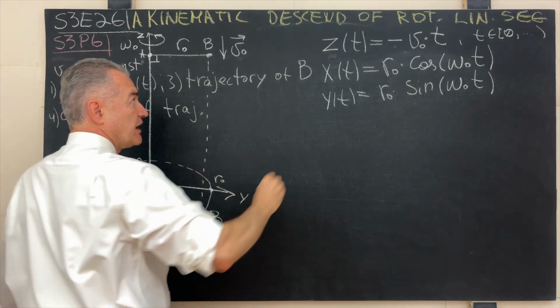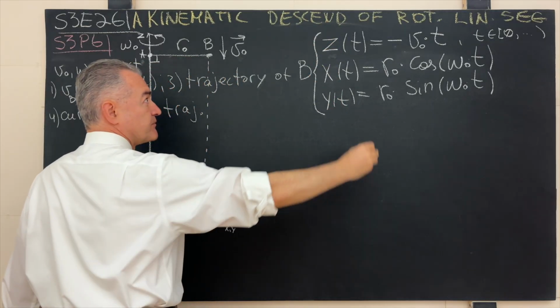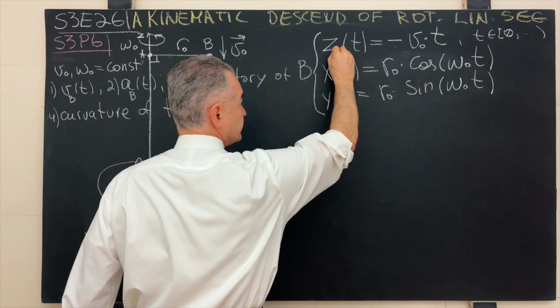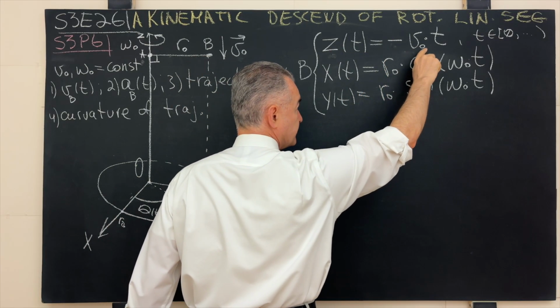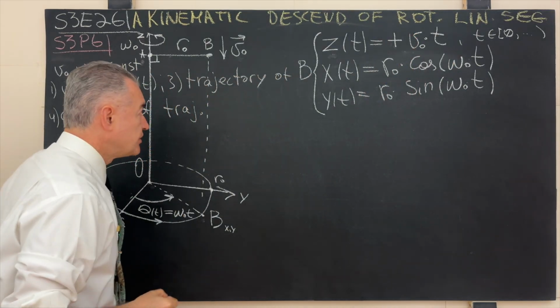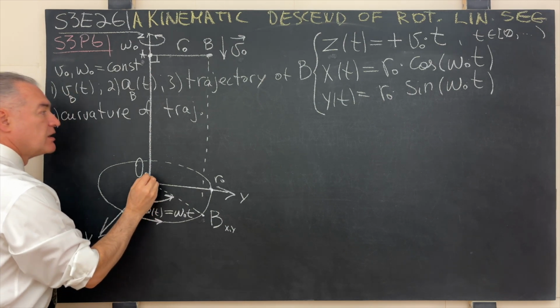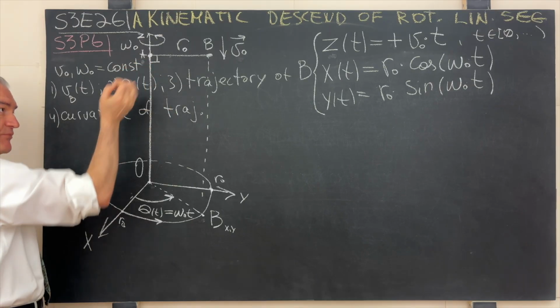And now we have the understanding of the fact that the behavior of the coordinate Z over time, shown over here, minus V0t, or with the plus V0t, which corresponds to the ascent of the line segment upward.